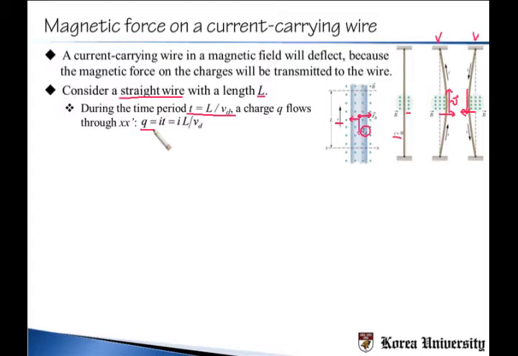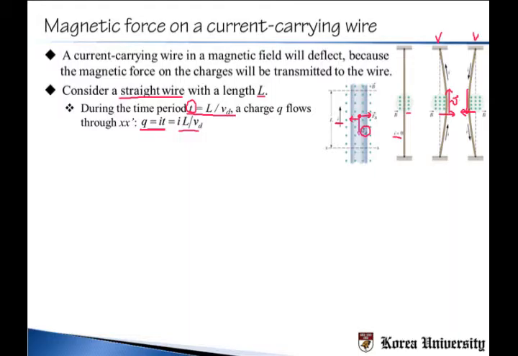We know that current is defined as the time derivative of the charge. So if the current is uniform, then we can simply say the current is equal to charge divided by time. Therefore, you can rewrite it so that Q will be current multiplied by the time, and insert the time that you have just calculated.